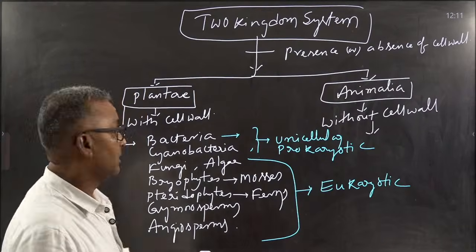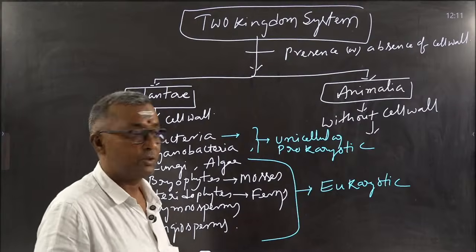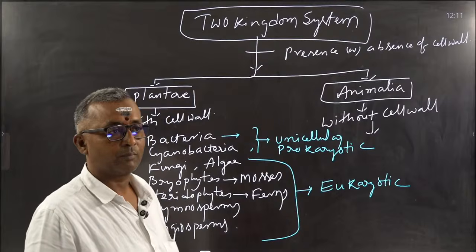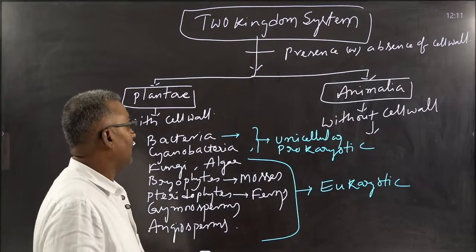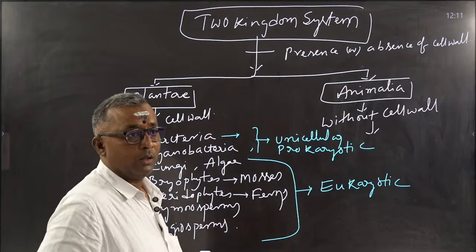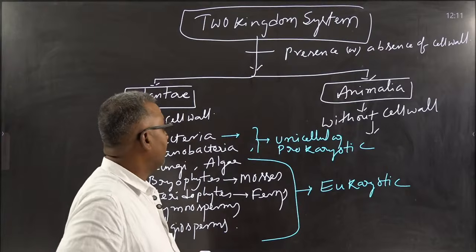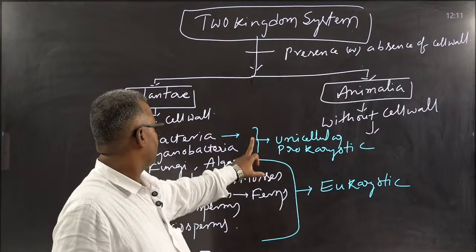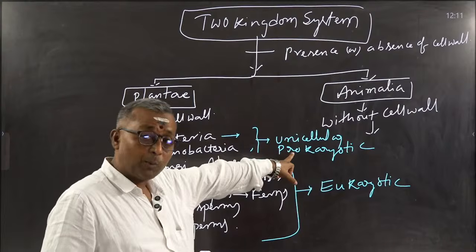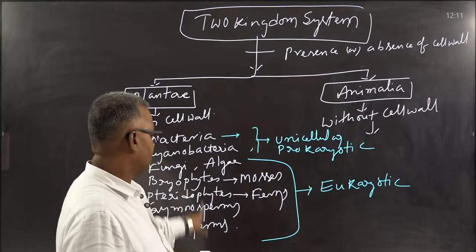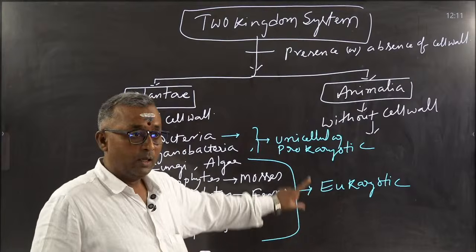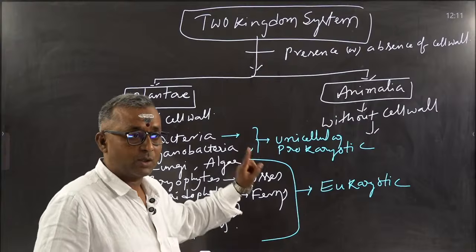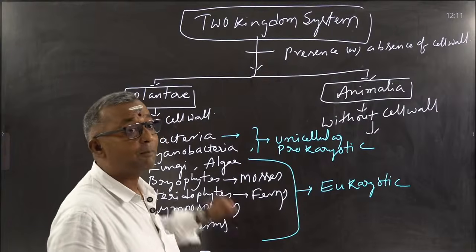Understood? This kind of situation is there in this classification. Bacteria and cyanobacteria are prokaryotes, whereas the remaining are all eukaryotic. Now these prokaryotes and eukaryotes were placed together under Plantae.